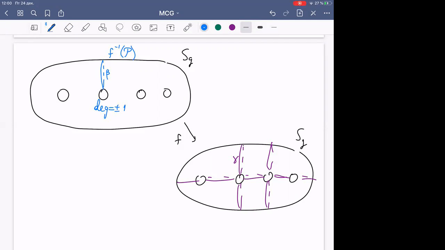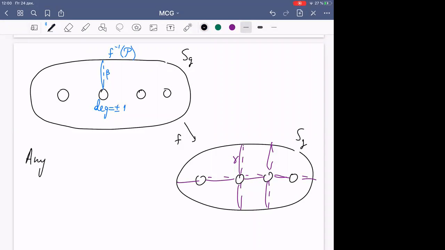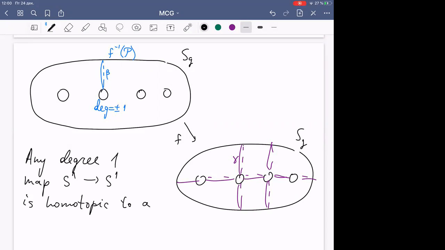Okay, but then look, any degree 1 map from S1 to S1 is homotopic to a diffeomorphism.